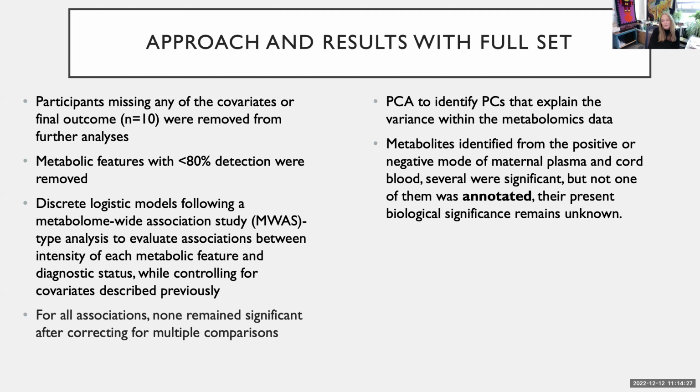We also corrected for multiple comparisons, and used, as I told you before, PCA as well as other types of analysis. Among metabolites identified in the positive and/or negative mode of maternal plasma and cord blood, several were significant for autism risk, but not one of them was annotated, so their biological significance remains unknown.